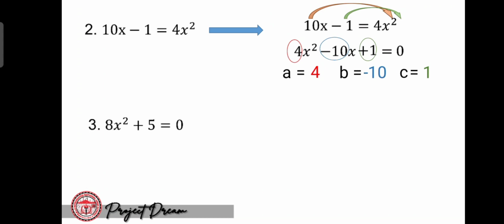So the given here is already in standard form. So no need to transform it. So let us copy the given. And then we will find the values of a, b, and c. A is equal to 8.